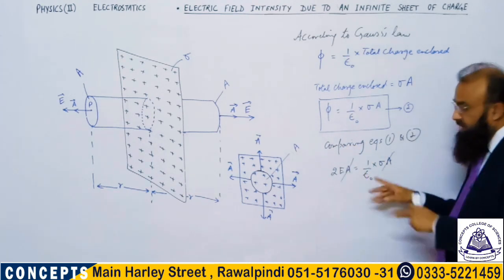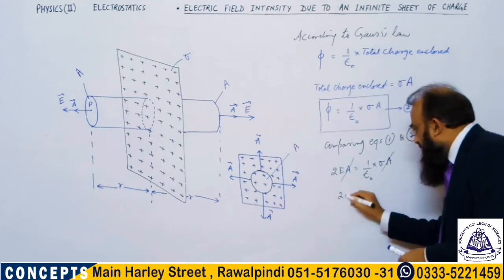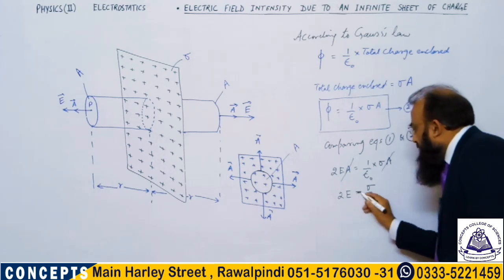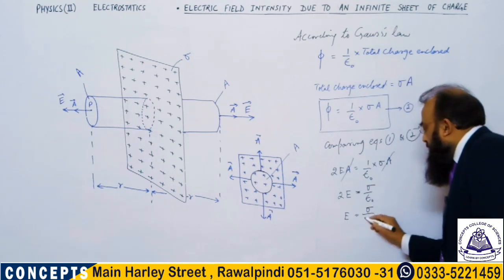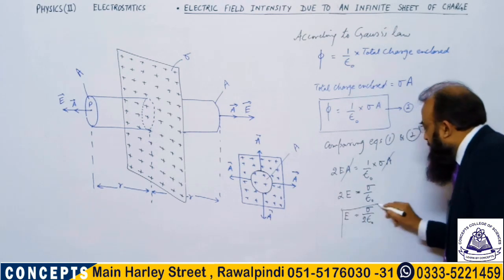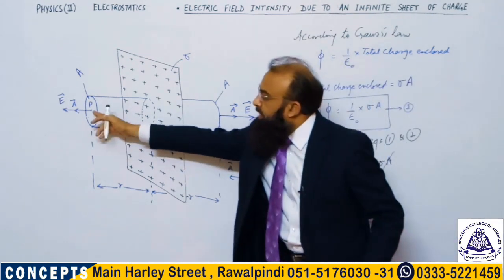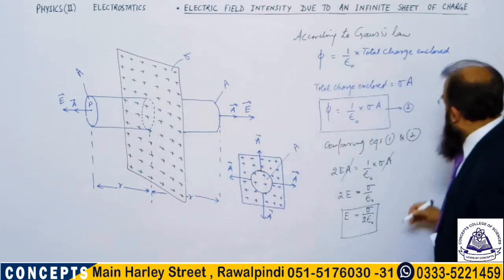So imagination goes out and reality is left behind. 2E is equal to sigma over epsilon naught, and E is equal to sigma over 2 epsilon naught.